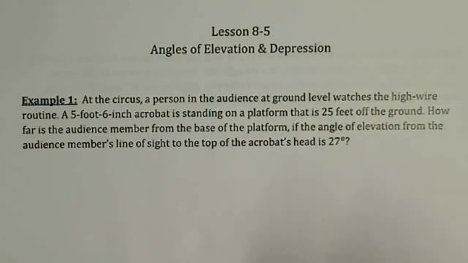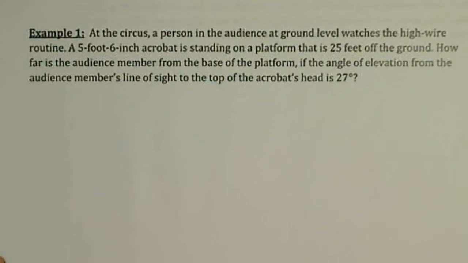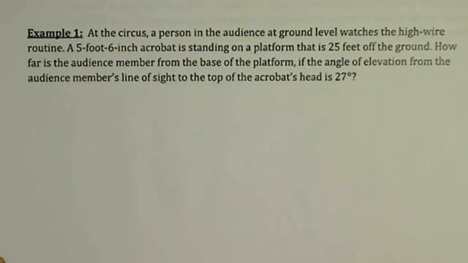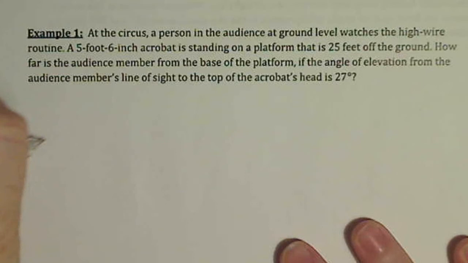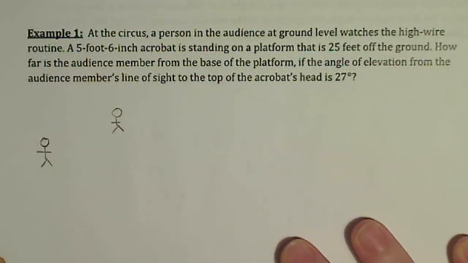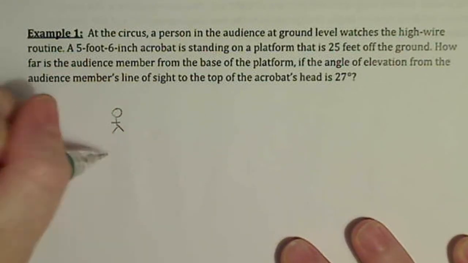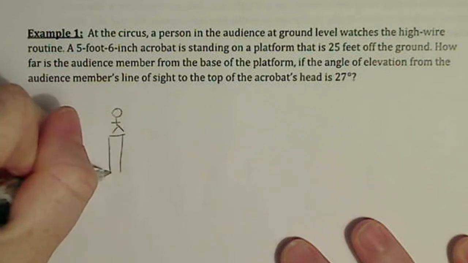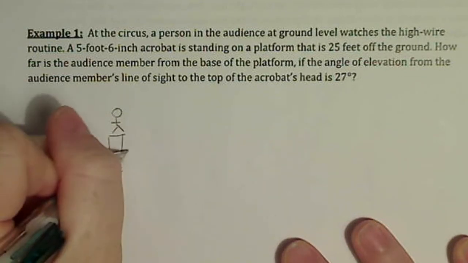So, for example, number 1, you have a circus and a person is in the audience at ground level. So here's my person. And they are watching somebody on a tight wire up here. And they are also on a platform above the ground. This platform is 25 feet.